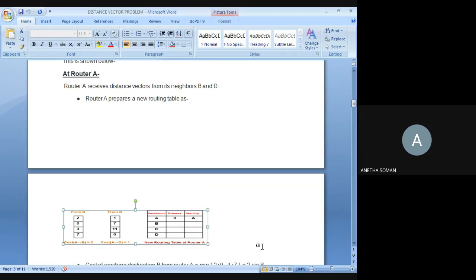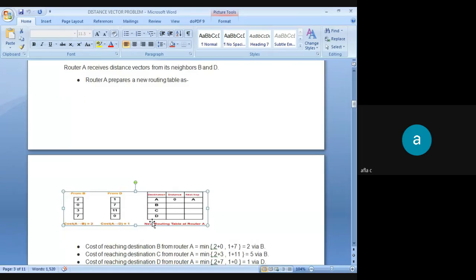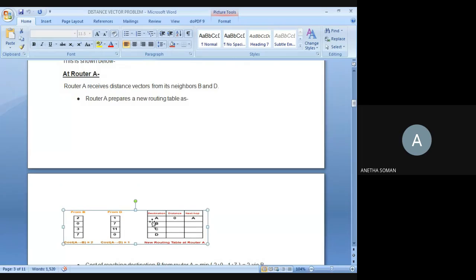Similarly, find out the cost of reaching destination C from router A. Look at the diagram and write it down. It is the minimum of 2 plus 3, comma, 1 plus 11.